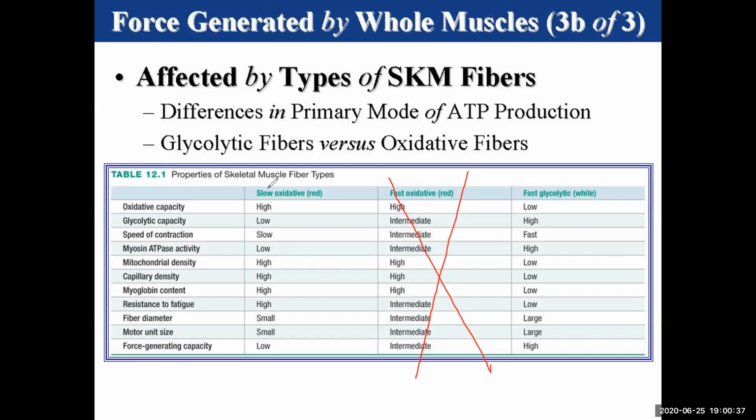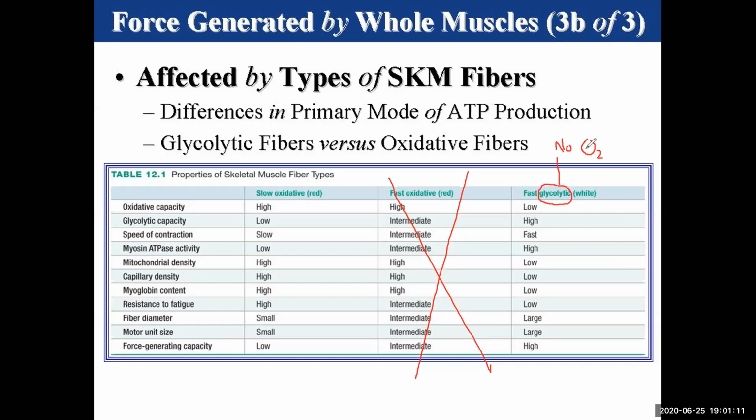The slow oxidative or red fiber versus the fast glycolytic white fiber. Pay attention to the word: this is using glycolysis, so not requiring oxygen, right? So here, no oxygen.